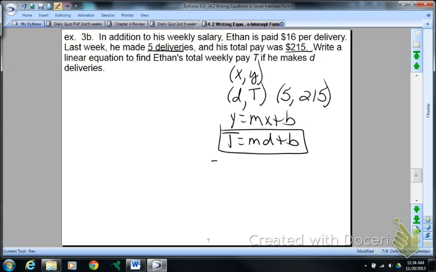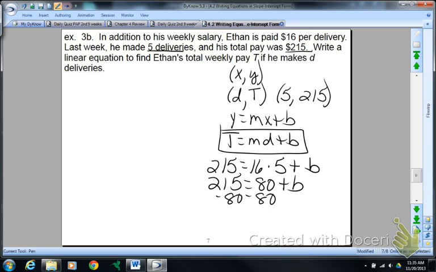So T is $215, M is 16, deliveries is 5 plus B. So that's $215 is equal to 16 times 5 is 80, I do believe. Subtract 80 on both sides. And we get 135 is equal to B. Okay, so let's plug that in here.